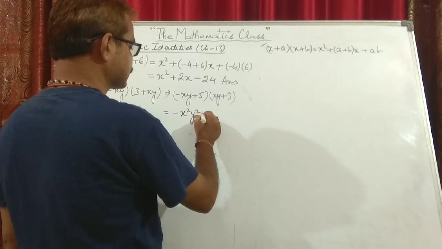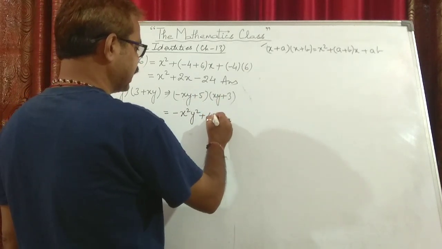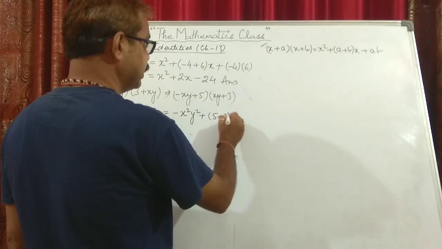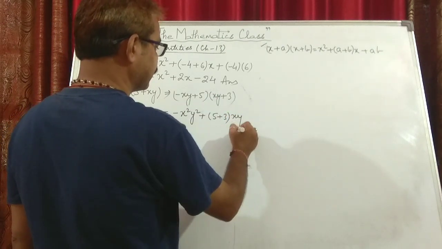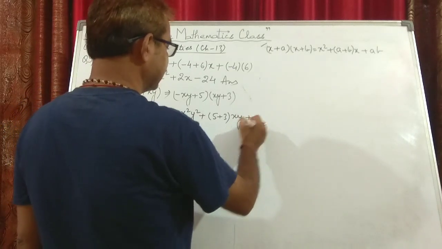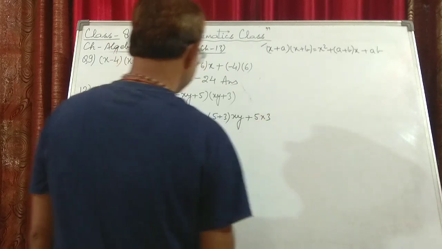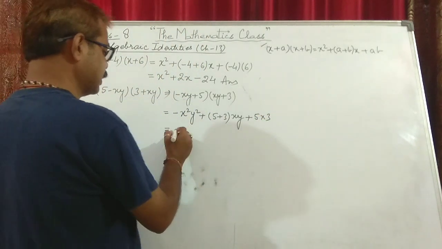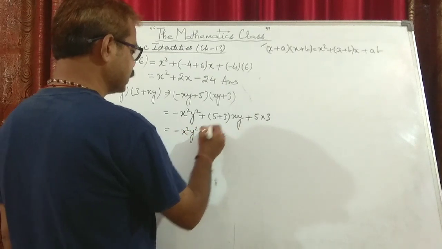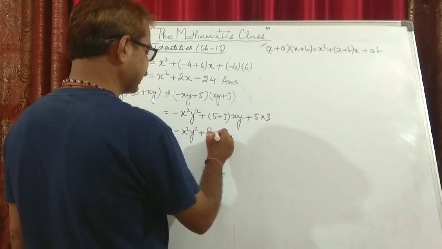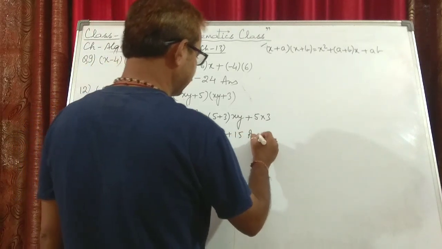Then plus (a + b) means (5 + 3) into x, and x is your xy term. And plus ab means 5 into 3. So this can be written as minus x²y² plus 8xy plus 15. That is the final value.